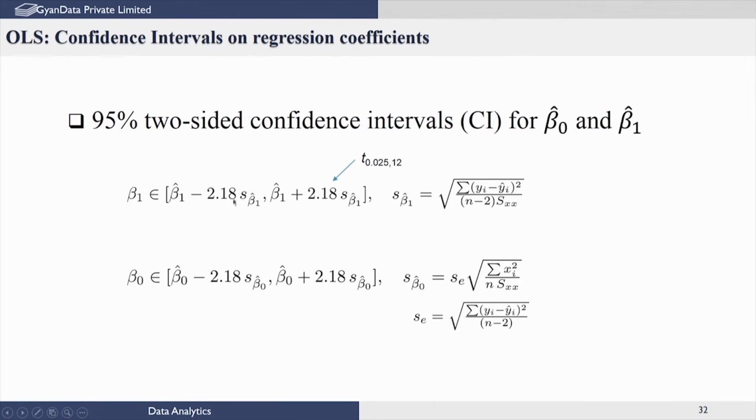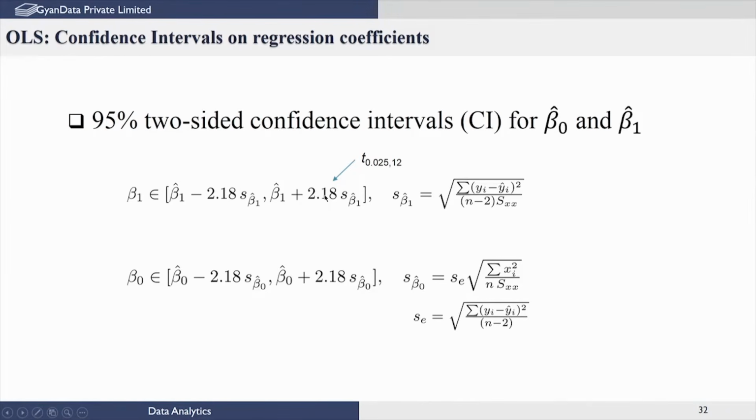The reason why we have 2.18 instead of 2 is because we are no longer obtaining the critical value from the normal distribution, but from the t distribution, because sigma squared is estimated from the data and not known a priori. So, the distribution slightly changes, it is not the normal distribution but the t distribution, and that is what we have pointed out here.